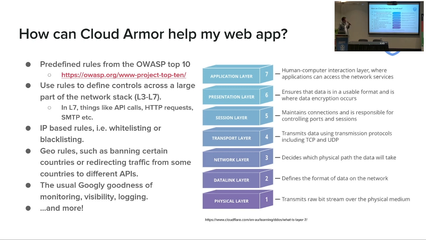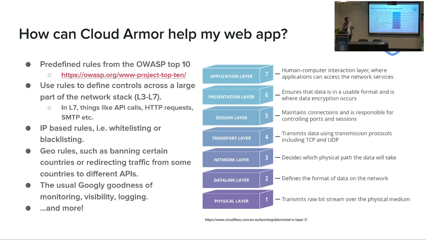And then there's other types of rules similar to IP, which is geo rules. So you can ban certain countries or redirect certain countries' traffic. Some examples might be, if going with the web shop example, if you've got users in Germany, for example, or Europe or wherever, and they want to make a request to your service, you might want to redirect them to a different API which serves European traffic, and therefore they'll get cheaper shipping and that sort of stuff.